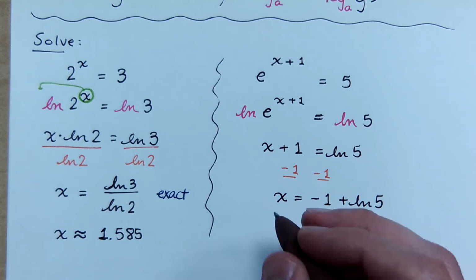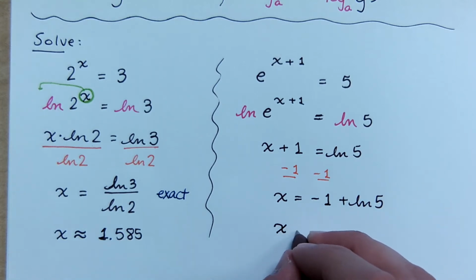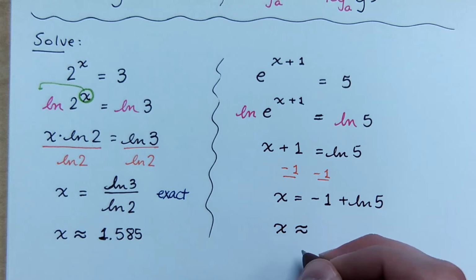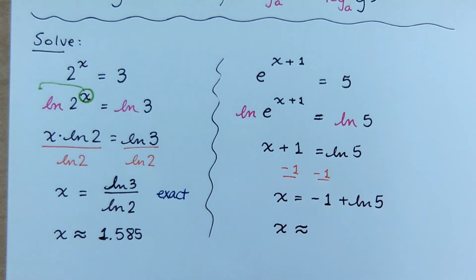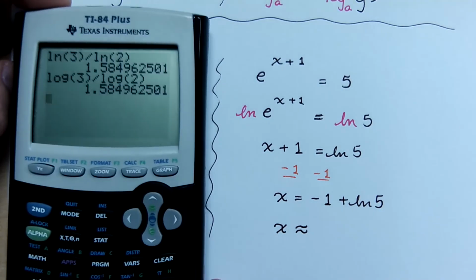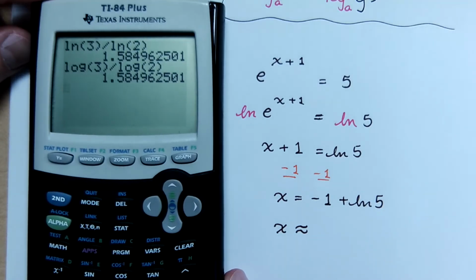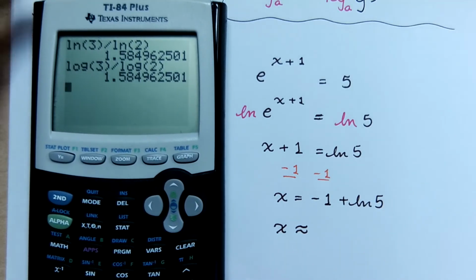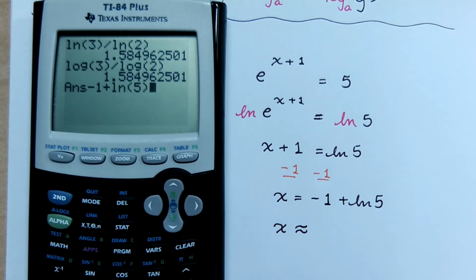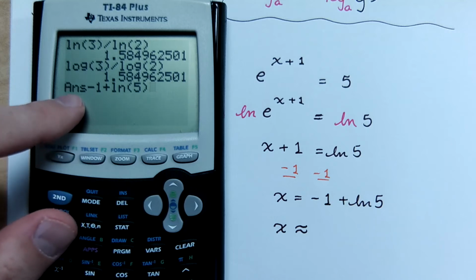Okay, and then we go to our trusted calculator, the one that you sleep with at night, provide you comfort and peace when you have those nightmares about English papers. So let's type this in, right? So negative 1 plus natural log of 5, right? Oh, wait a minute, what's going on here? Why is it doing that?